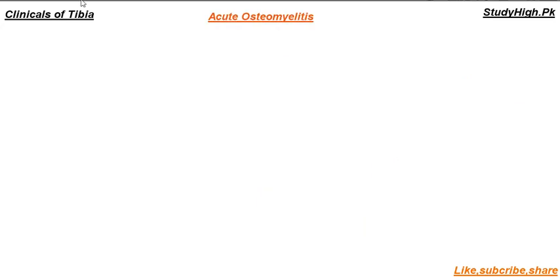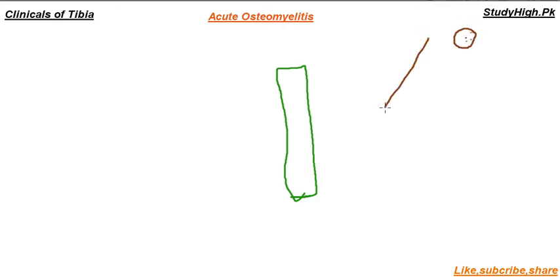Now we are going to discuss our second clinical related to tibia bone, acute osteomyelitis. It happens mostly in growing bones of children, between the age of 10 to 16 years. When there is a growing phase of children, what happens? The bacteria, just assume these are the culture of bacteria, may enter into our bloodstream.